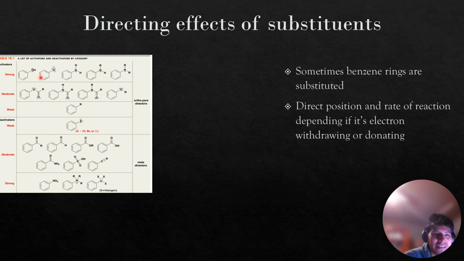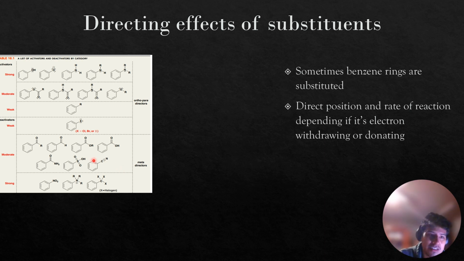We can see here that an oxygen alone, or a negatively charged oxygen, is considered a strong activating group, while an alkyl group is a pretty weak activating group since it's essentially just a carbon chain, so not much to donate there.